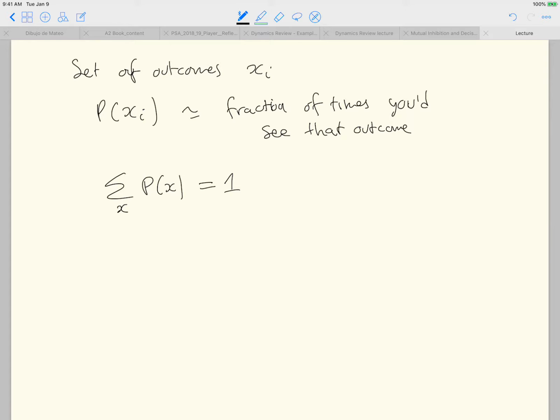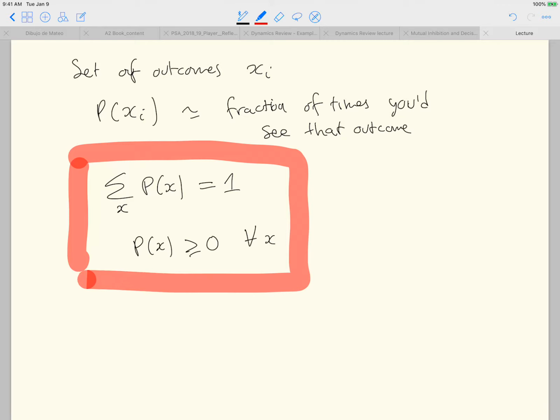You're not going to get a negative fraction of times that you get heads. So for all outcomes, their probability has to be bigger or equal to 0. If you've got a function p that has these two properties, then that's a probability. Those are the two key things that define a probability.